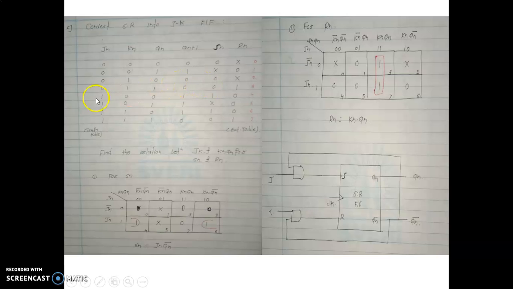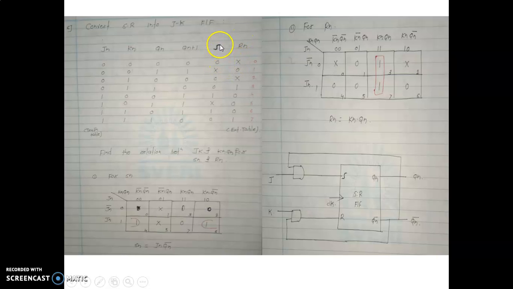So how do we draw the K-map? The JK flip-flop consists of two inputs, J and K, and we also have to consider the present state Qn. In this case a total of 3 inputs are present, so we consider a 3 variable K-map. Depending on the 3 variable K-map we write the equation for S and R individually.